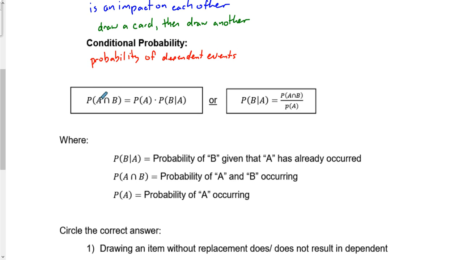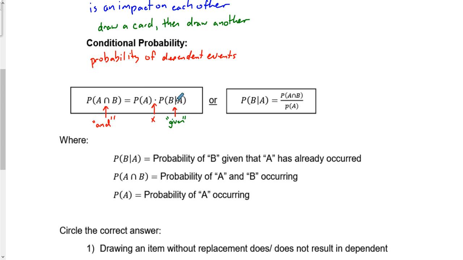So the probability of A and B happening, again, remembering that this is the intersection typically used to notate the word and, is the probability of one event happening multiplied by the probability of B, and this line here is the symbol for, well, it has the phrasing of given. So the probability of B, given that A has already happened.